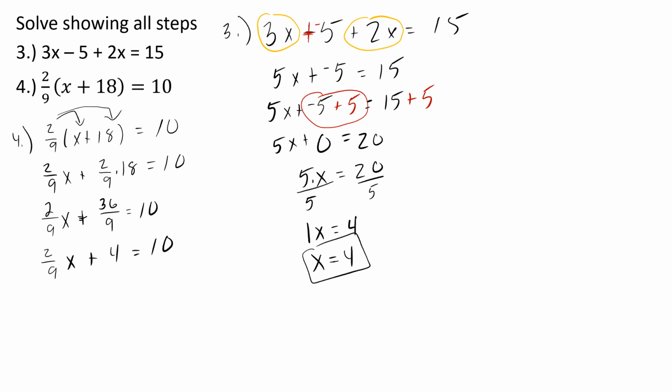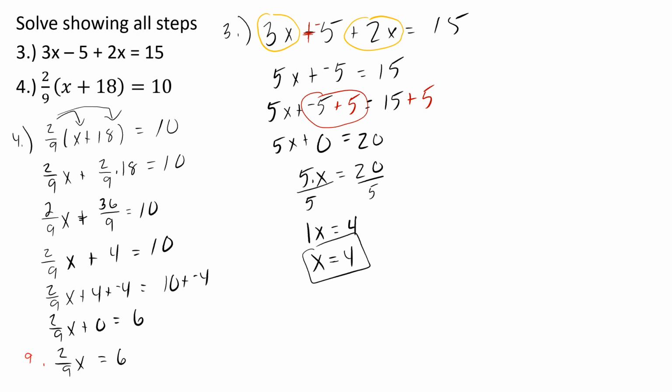Now we'll solve this the way that we've been solving it. I have a plus 4 there that I don't want, so I can get rid of that by adding a negative 4. 4 plus negative 4 is 0, and 10 plus negative 4 is 6, leaving me with 2/9 x is equal to 6. Now we will multiply by the reciprocal.